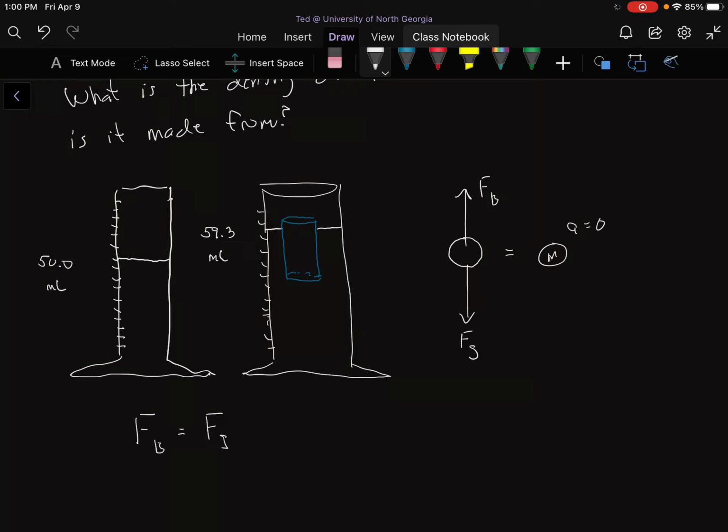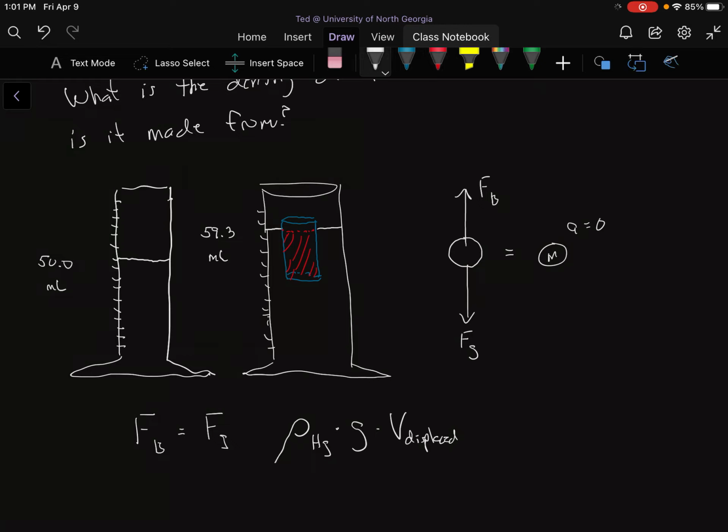All right, well, the two formulas we have for these are that buoyancy is equal to the density of the mercury times g times the volume displaced, that is the volume of this cylinder that is under the mercury, not including the little bit that's sticking out.